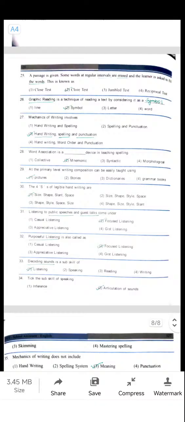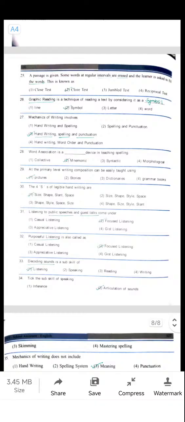Question 31: listening to public speeches and guest talks comes under focused listening. For example, when someone comes as a guest, the talk comes under focused listening.